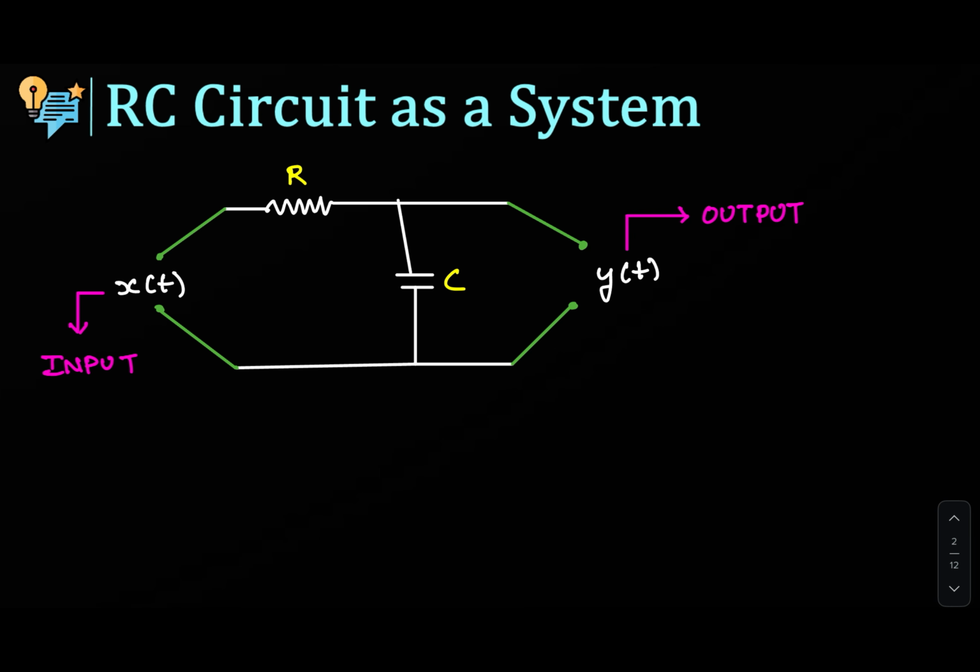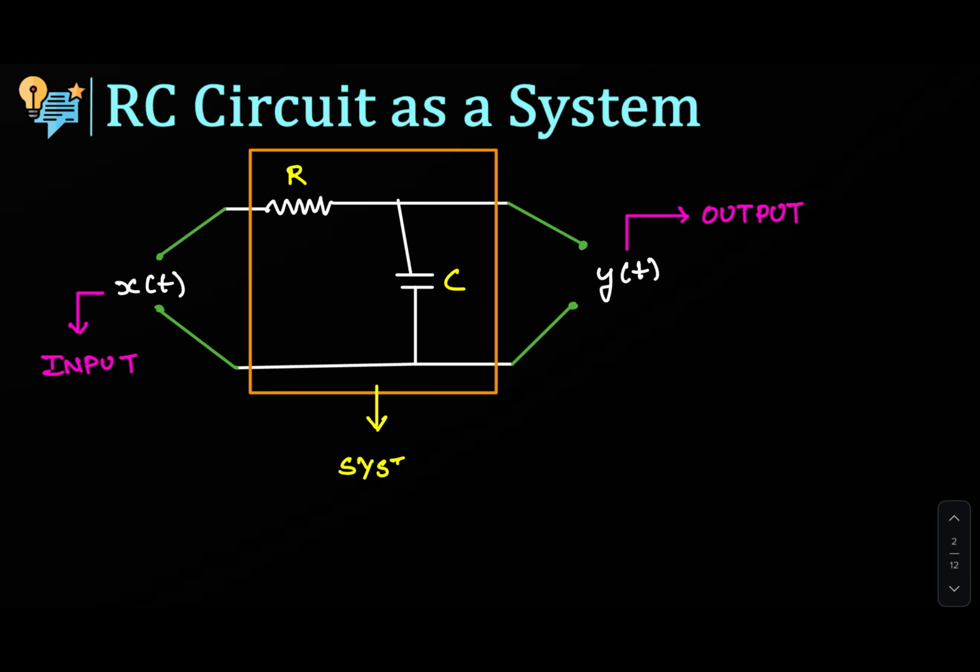From here what we can observe is, my R and C are taking some input. So this makes this a system. So my R and C circuit will be the system.